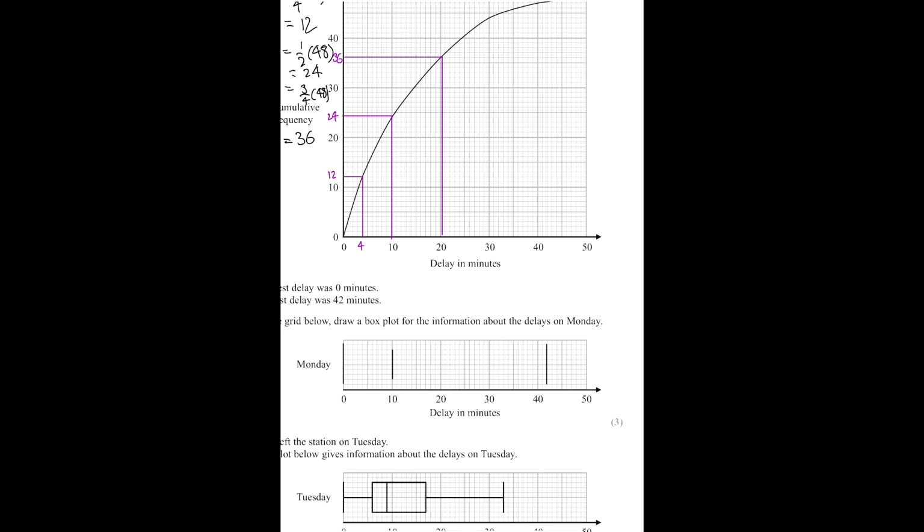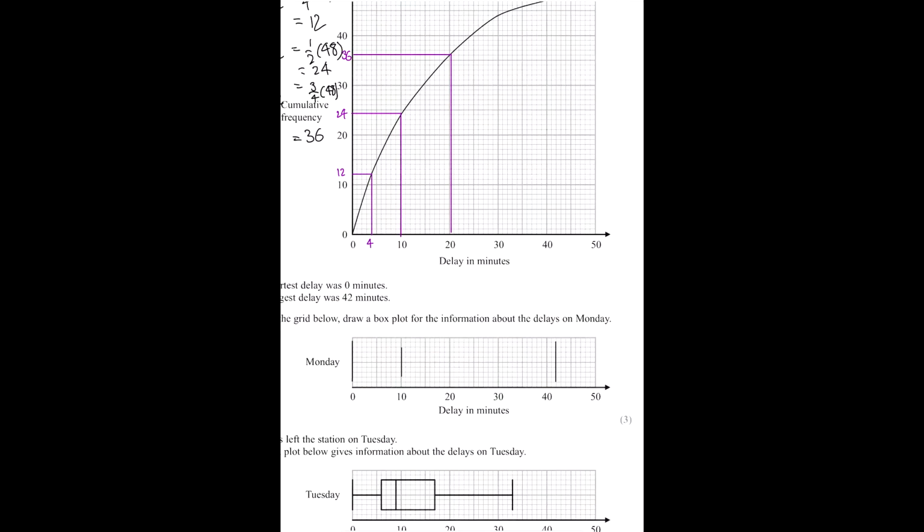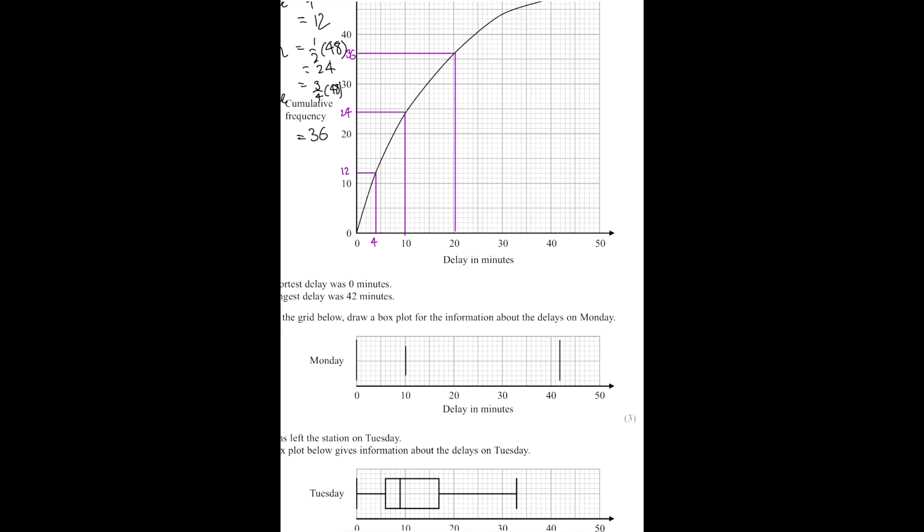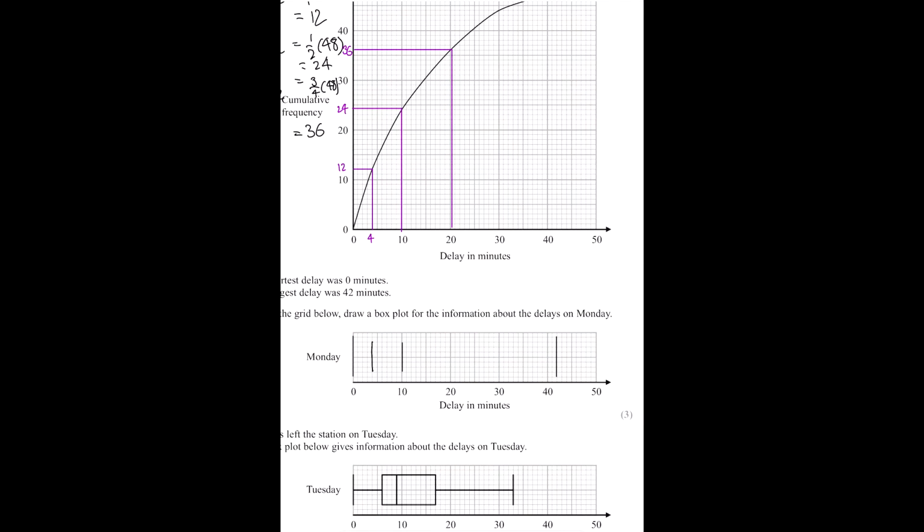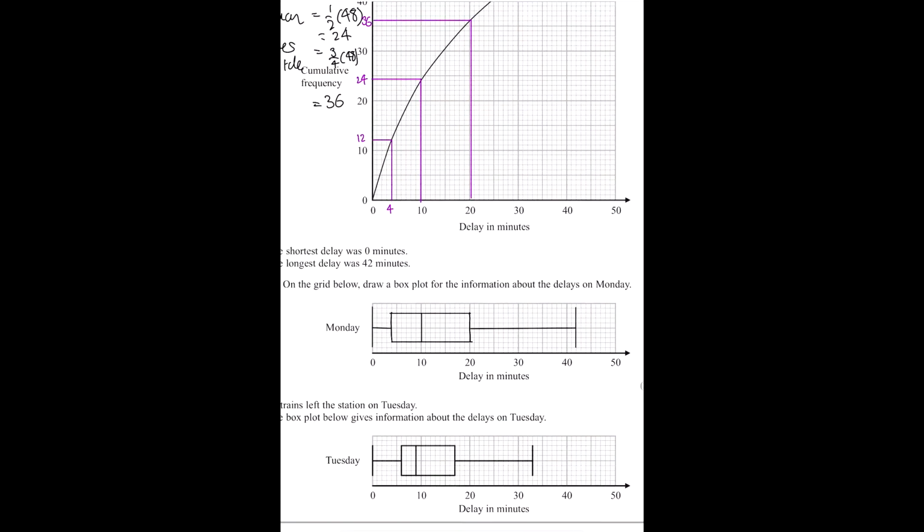Let's do that a little lower. And then we've got one at 4, and another value at 20. So now connecting it all up, again, it's important to use a ruler. We have something like this.